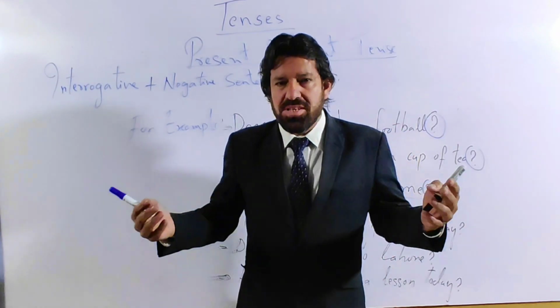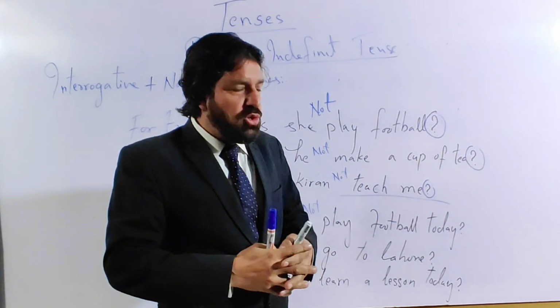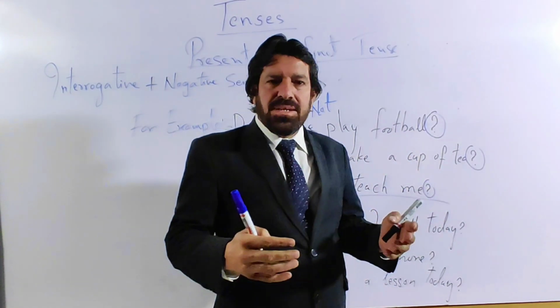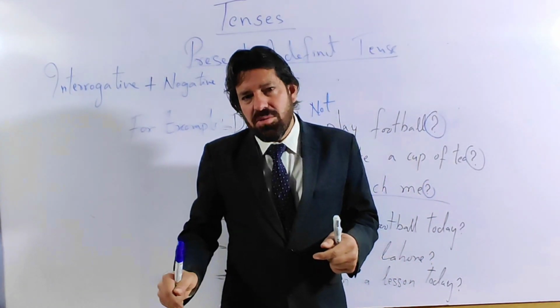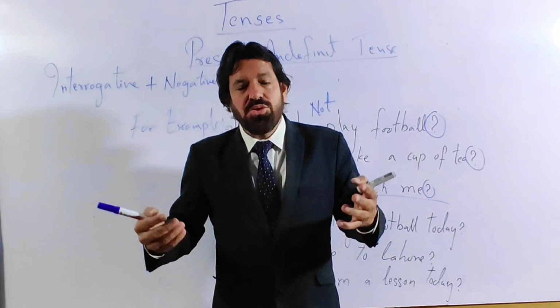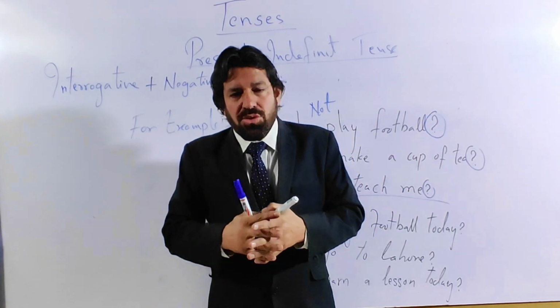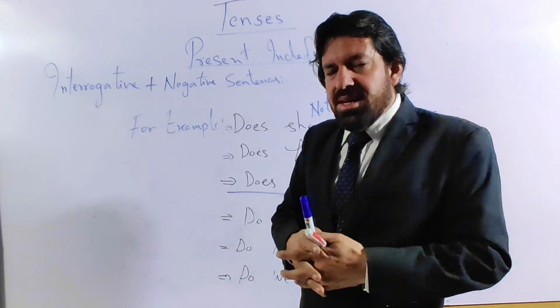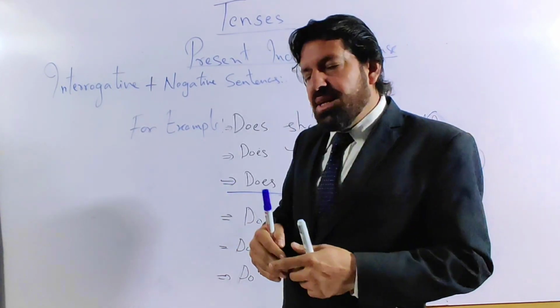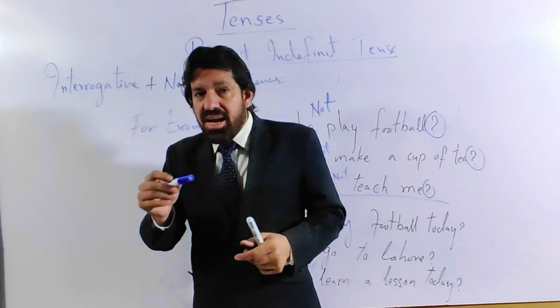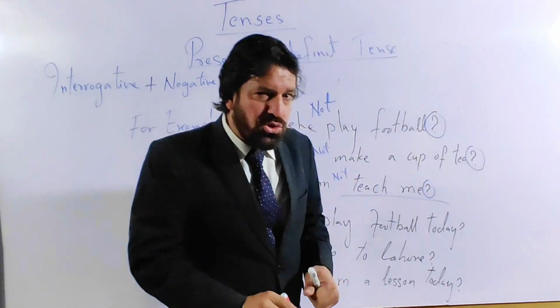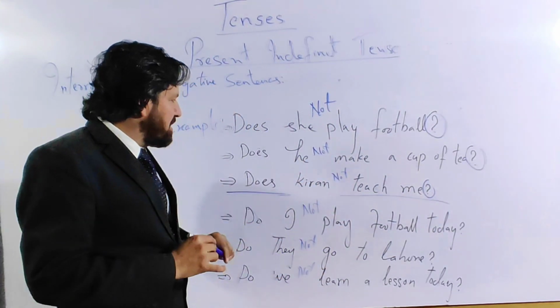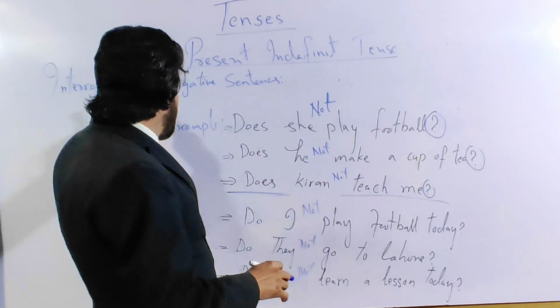For example, are you not coming today to my home? Are you not going to throw a party? Such types of questions that you ask in your daily life are called negative and interrogative sentences. But we are discussing present indefinite tense, so we will take sentences for present indefinite tense negative plus interrogative sentences.